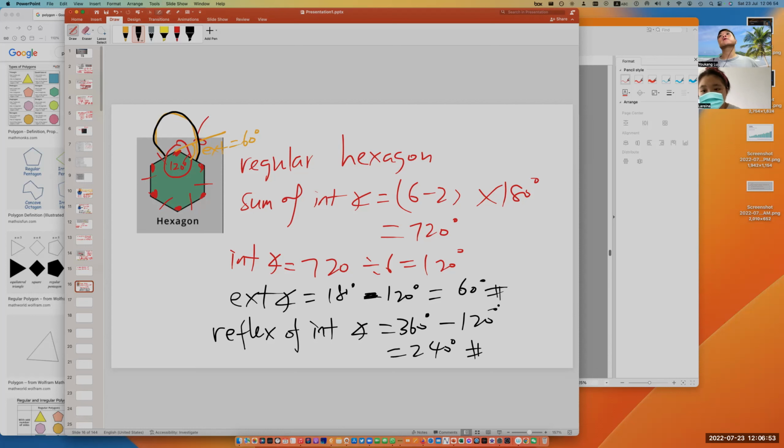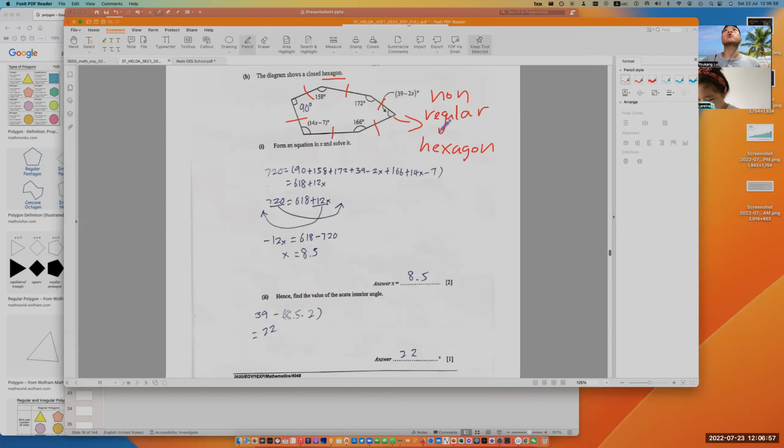Very good. But for the question given, this is a non-regular hexagon. That's why you see all the angles are not the same. Individually they are not the same, but the sum of interior angles is always the same.